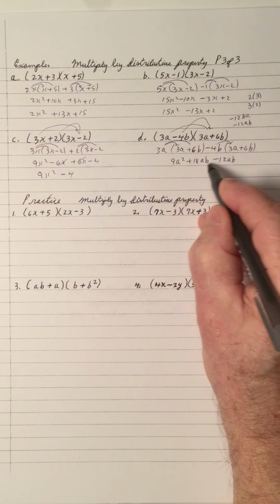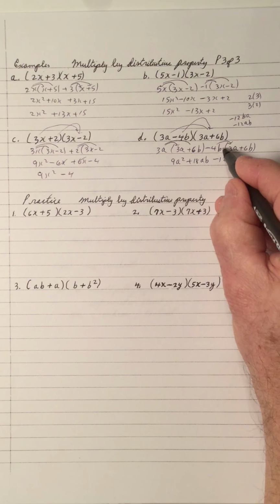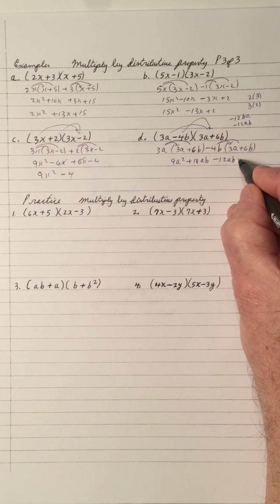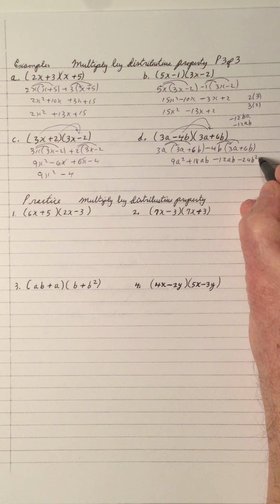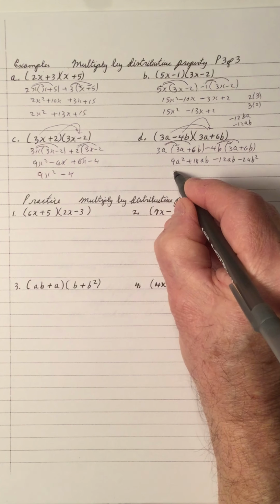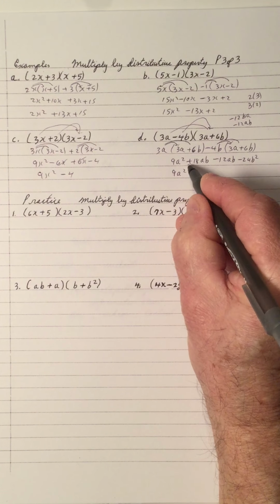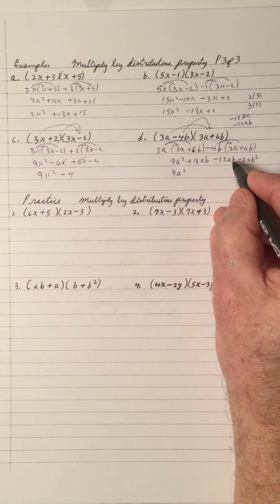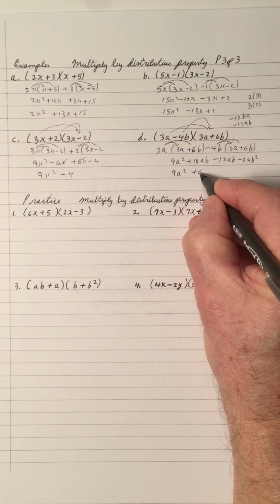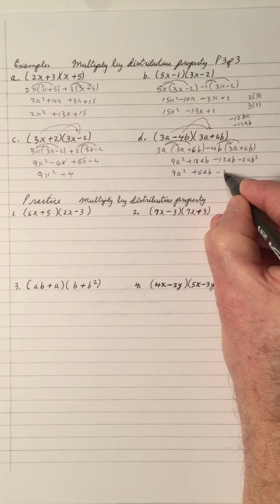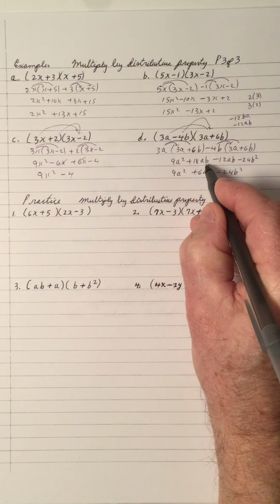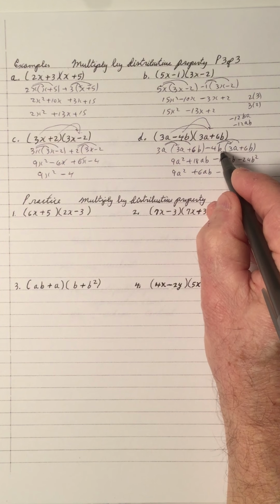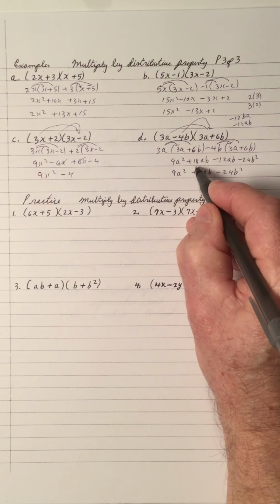I put the AB to go along with this one, to keep it in the same order. And multiply here, I get negative 24b squared. Add like terms. I got a square here, can't add, and that's a 6ab and a minus 20. So the only two terms you can add are these two. So notice that's a BA, which is the same as an AB.